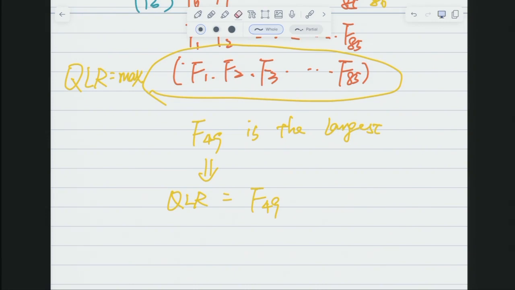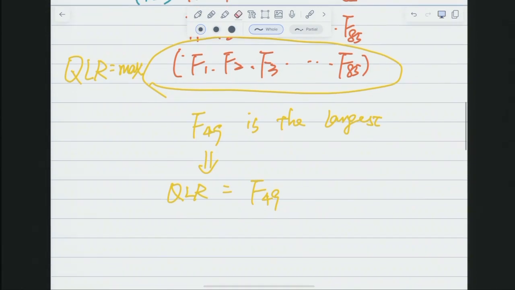And one advantage of this QLR test is that it allows us to estimate the break date, okay? Essentially, the date that corresponds to the largest F statistic will give us the date where the break happens, okay? So tau hat is the point where the F statistic is maximized.